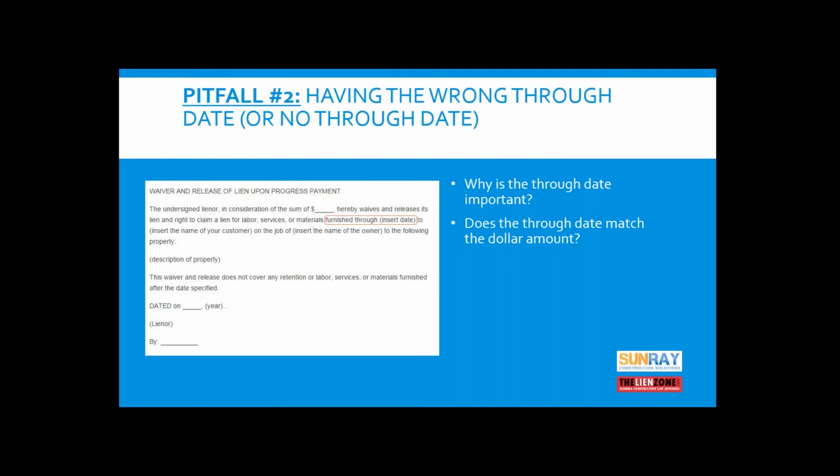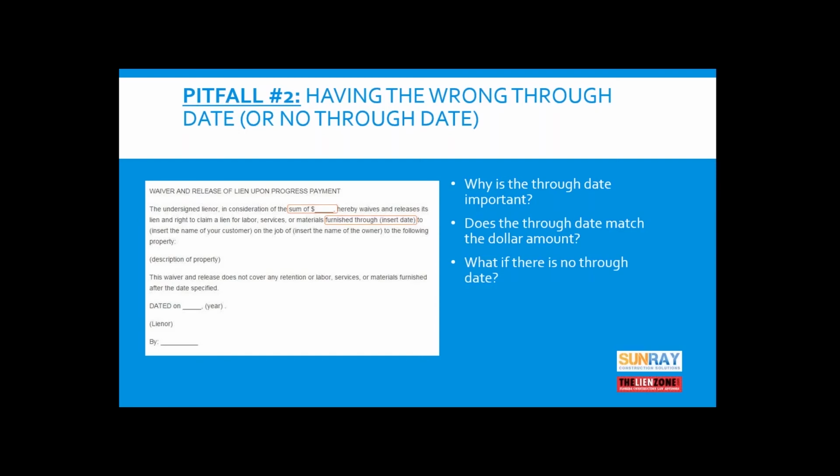You want to make sure that the through date in the release matches the amount of money that you're expecting. So this release has a spot where you can put in the amount. So you want to make sure that if you're expecting a check for $25,000, that the date that you are putting as the through date in the release is the equivalent of the check that you're receiving.